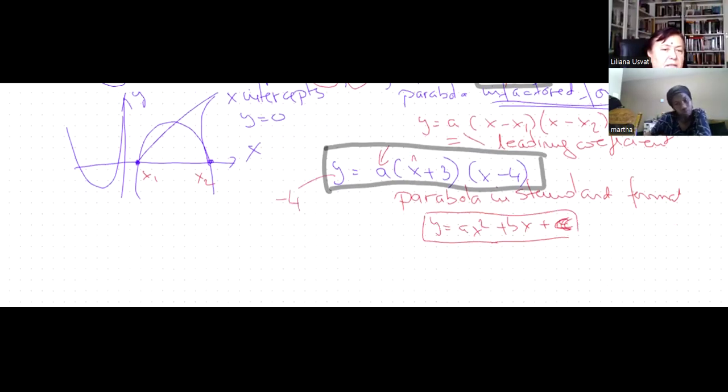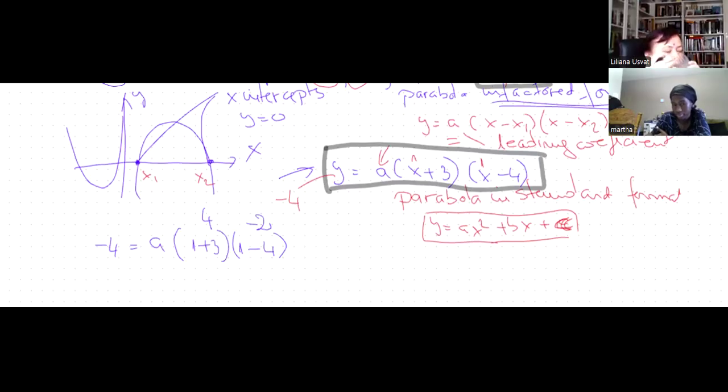So we rewrite the equation: -4 equals a times (1 plus 3) times (1 minus 4). a is the new unknown here. 1 plus 3 is 4. 1 minus 4 is -3.